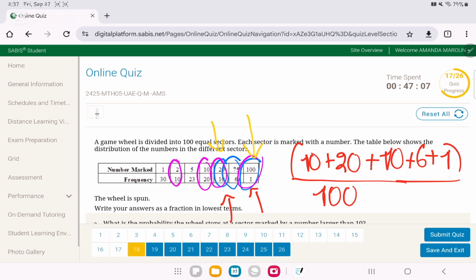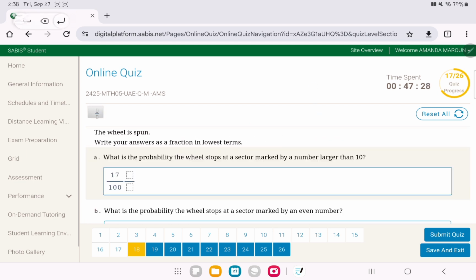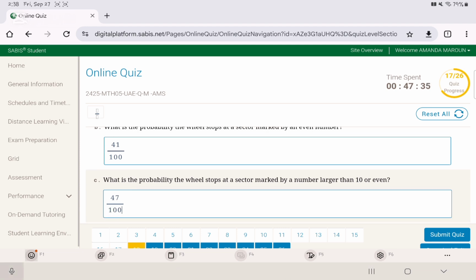So on the calculator, it's going to be 10 plus 20 plus 10 plus 6 plus 1 over 100. It's going to be 47 out of 100. This was by doing it logically. By logical thinking, we got 47 out of 100.